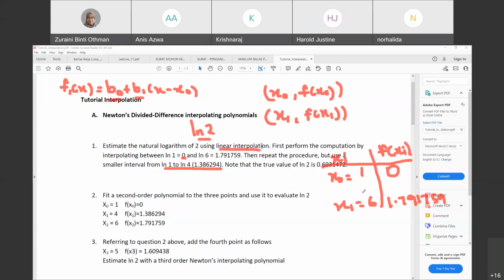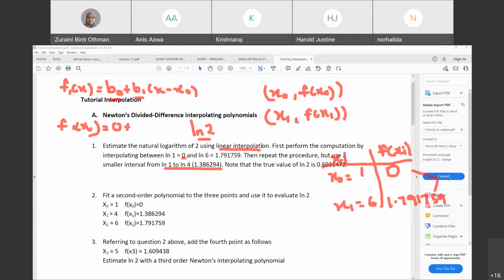Okay, kalau dia minta cari f1(x), kita buat rumus dia ya. It is equal to b0 kita apa? Kosong, plus b1 kita apa? Now it is the difference, right?